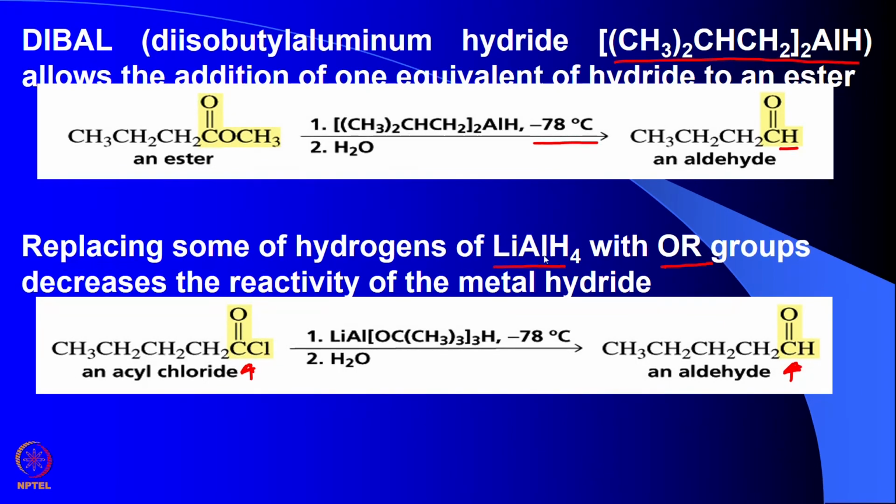So by replacing 3 hydrides with this alkyl group, we have reduced the reducing capability of lithium aluminum hydride and stopped the reduction of this compound to 1 degree alcohol.